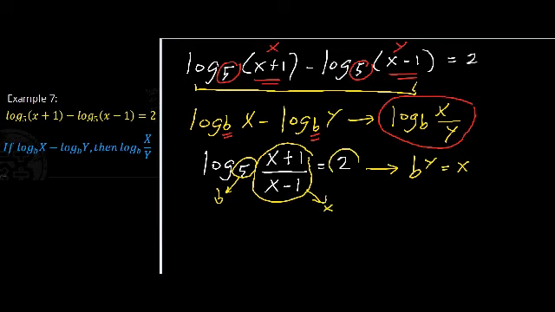And 2 will be our letter y. So, that will be base, which is 5, to the second power, which is the exponent, is equal to x plus 1 over x minus 1.